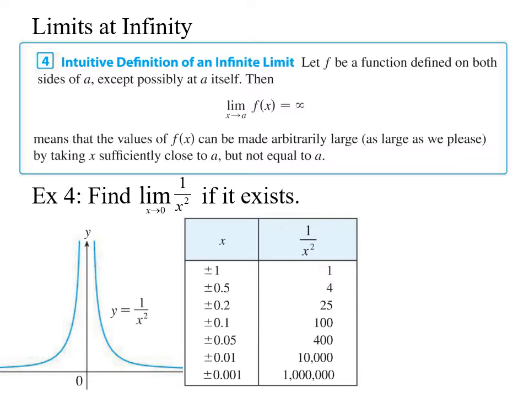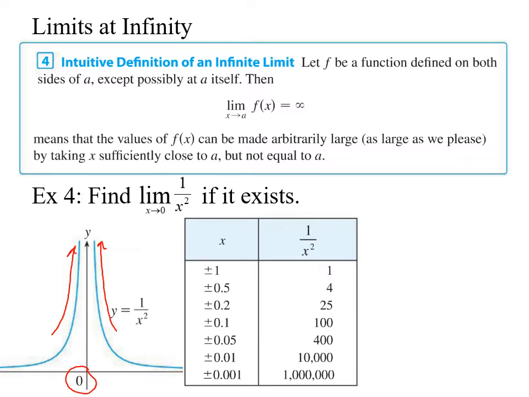Now, an example of this would be the limit as x approaches 0 of 1 over x squared. As you can see from the graph, if we're focusing on x equals 0, as you approach 0 from the left and as you approach 0 from the right, both the left and right-hand side shoot up to a number that you can't see. And you can see the closer we get to 0, the faster it is increasing.